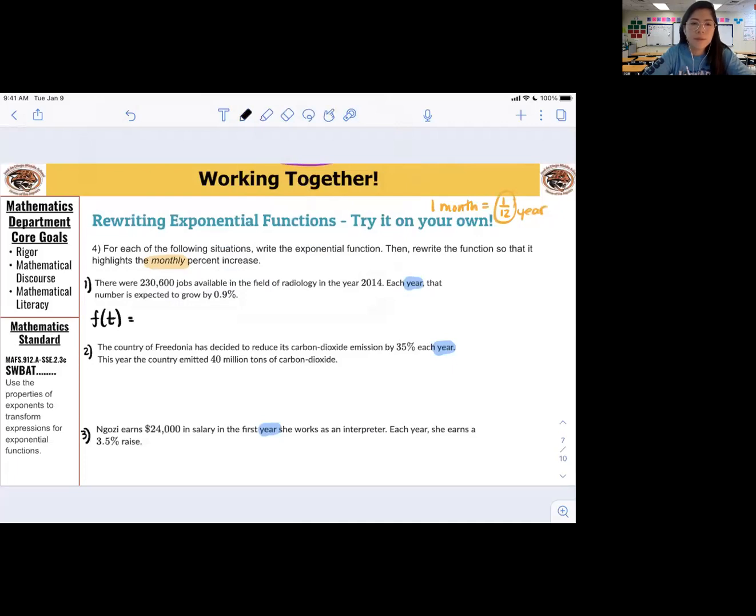The starting amount, 230,600. What goes into my parentheses? We have to simplify, right? We can't just put the equation. I know that I have 0.9%.